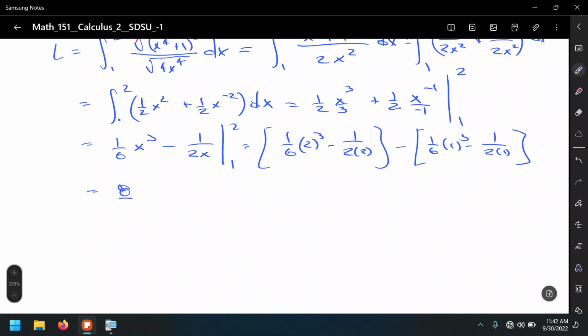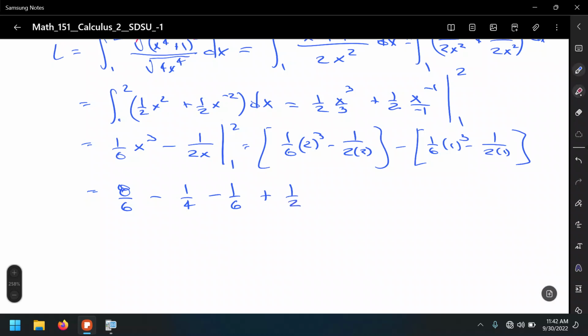I know this reduces to 4 over 3, but let's keep it like this, minus 1/4. Then be careful with the last two terms, because when we distribute this negative sign, the first term becomes negative. 1 cubed is 1, and 1 times 1/6 is just 1/6. And then minus, that's going to become positive 1 over 2, that's 1/2.